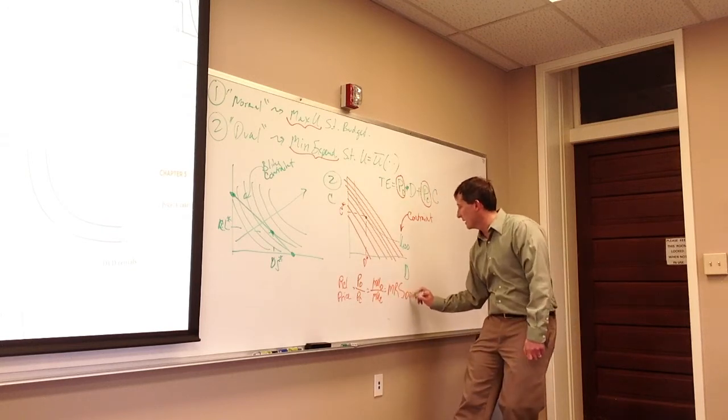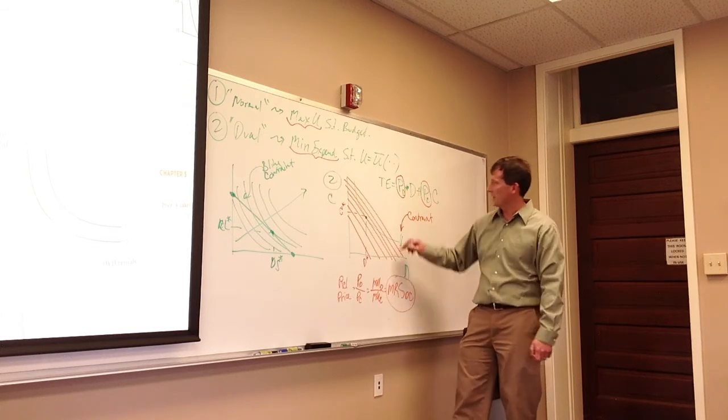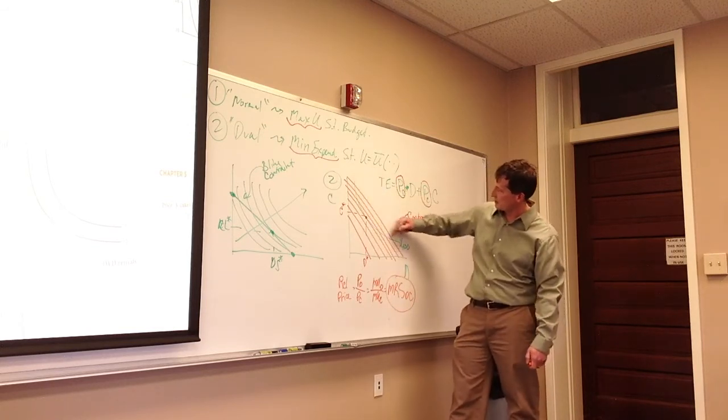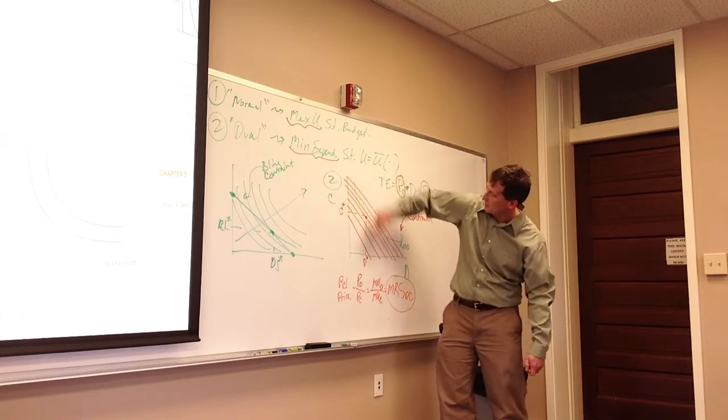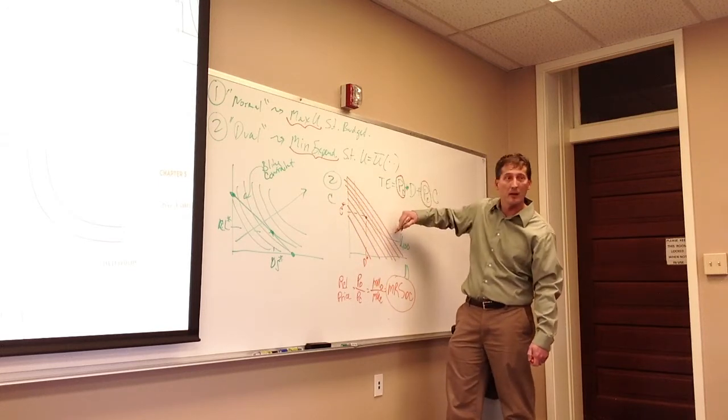So this is the slope of the indifference curve, which is fixed. This is the slope of the expenditure function, which is like our income.